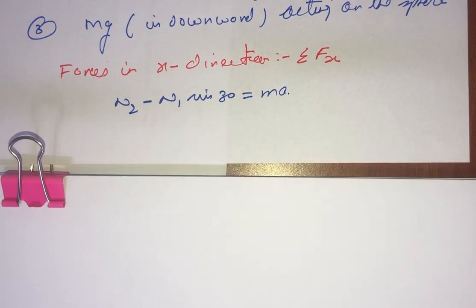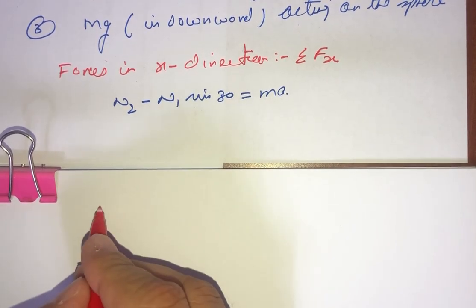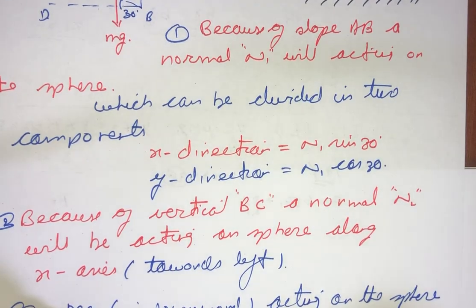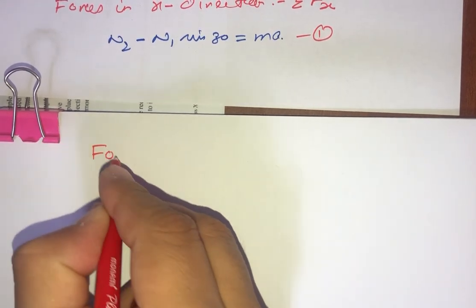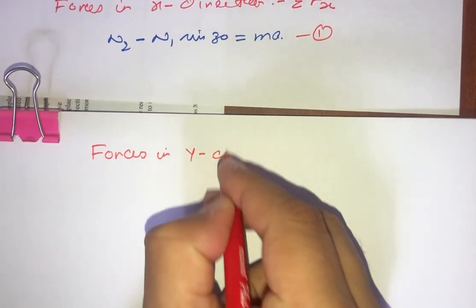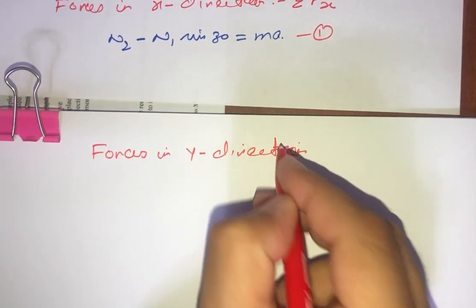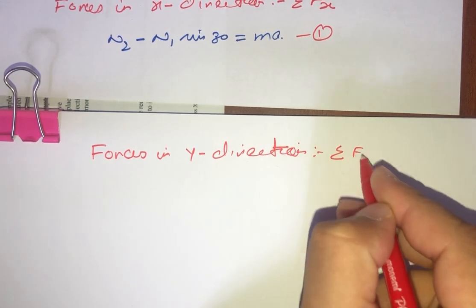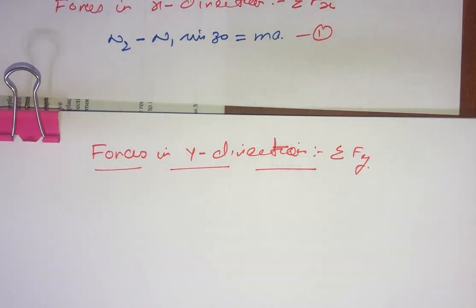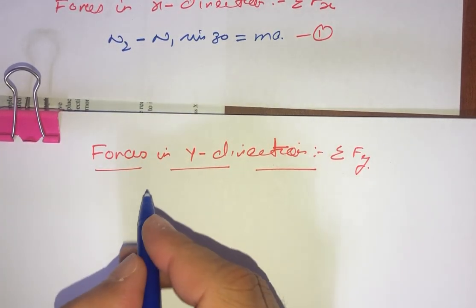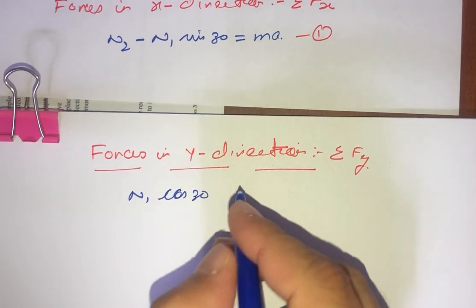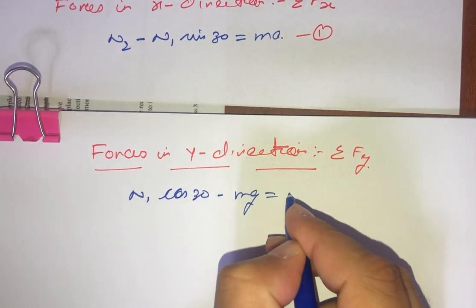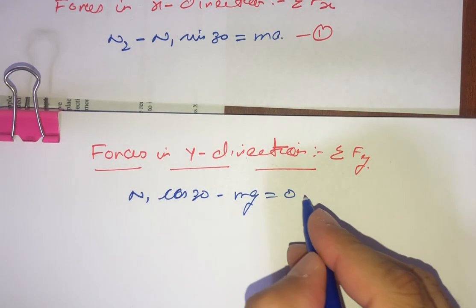Let us call this equation 1. Now forces in the y direction, that is summation of Fy, we get N1 cos 30 minus mg is equal to 0. And let's make this equation number 2.